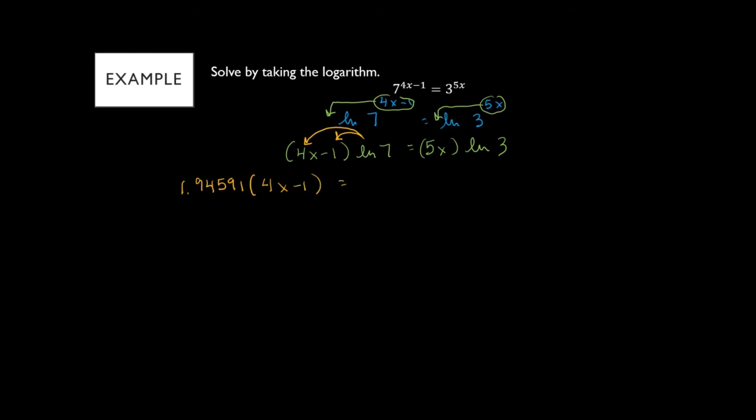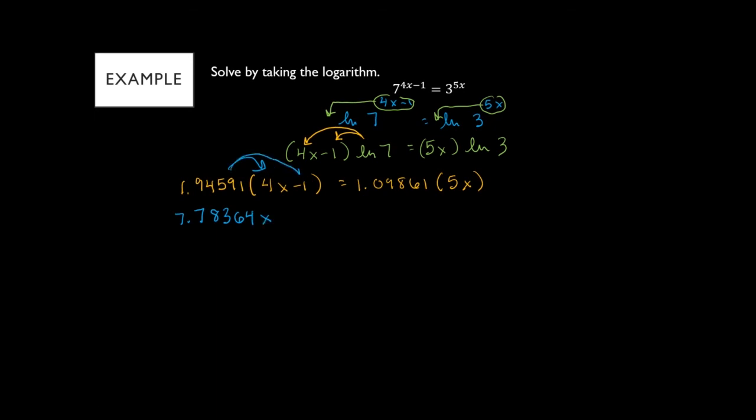And then I'm going to do the natural log of 3. So that's 1.09861 and then times 5x. So we're really working with the decimals here. And I'm going to distribute on the left. 1.94591 times 4 is 7.78364x.